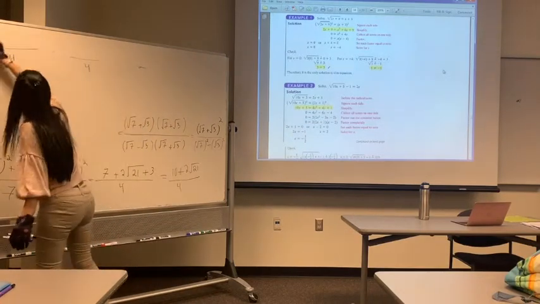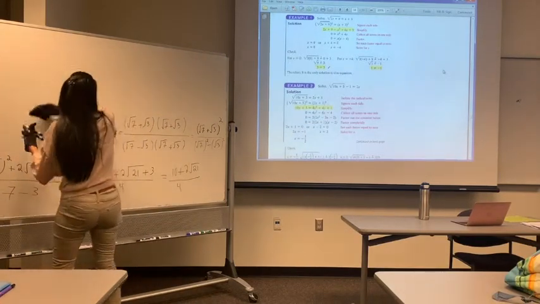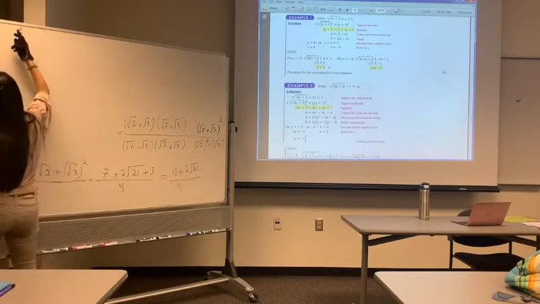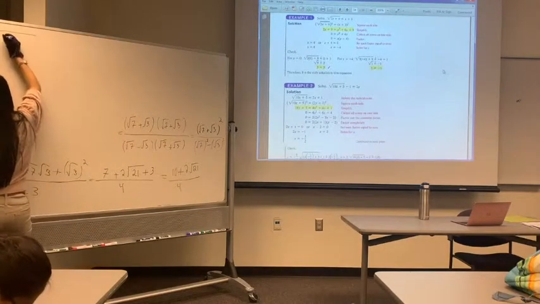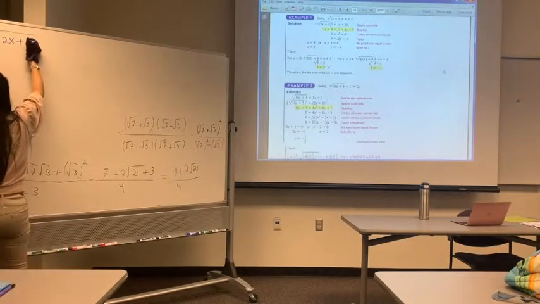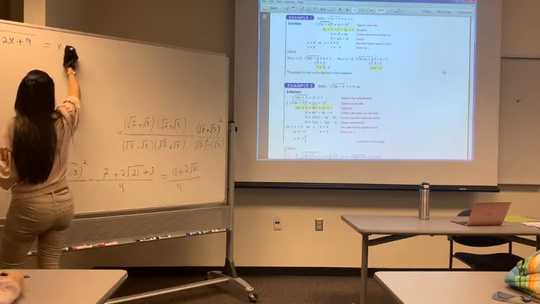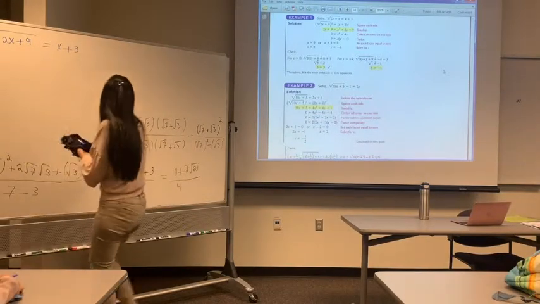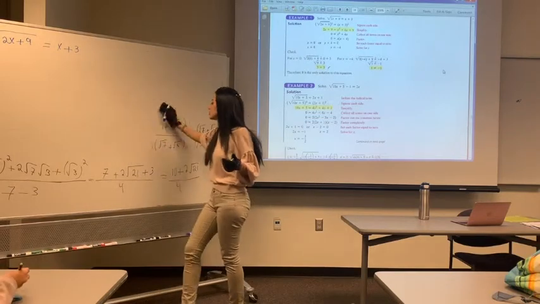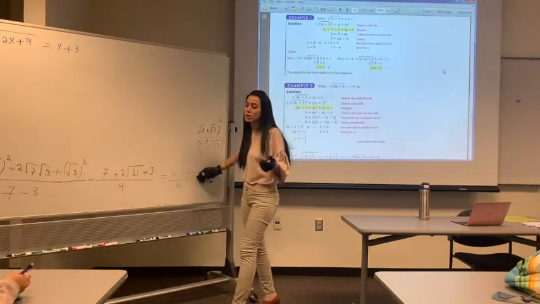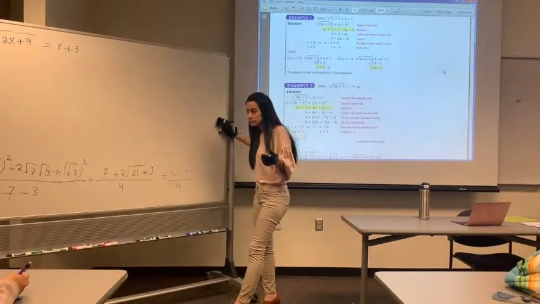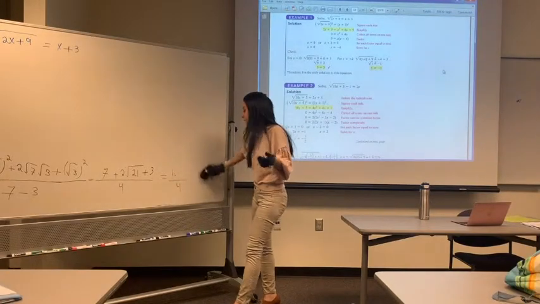So as you see, this is an equality. Radical 2x plus 9 is equal to x plus 3. So the aim is to solve this equality for what? X, exactly.